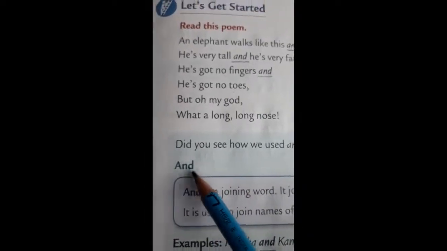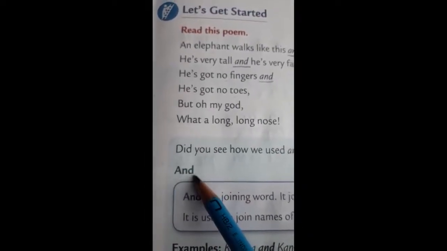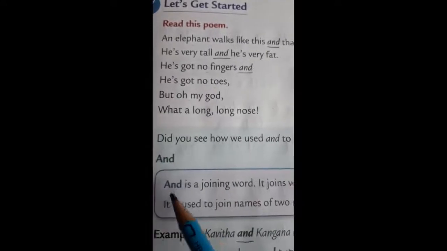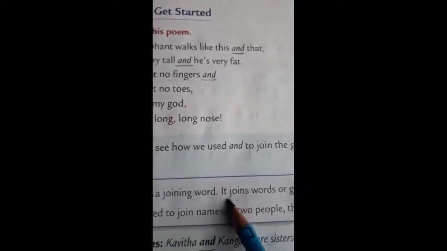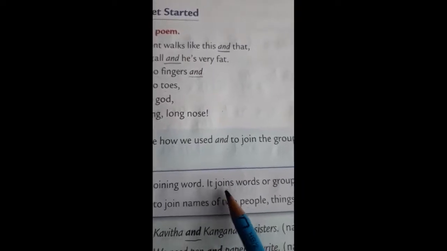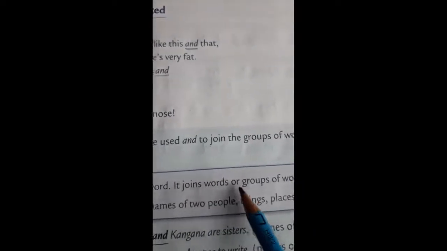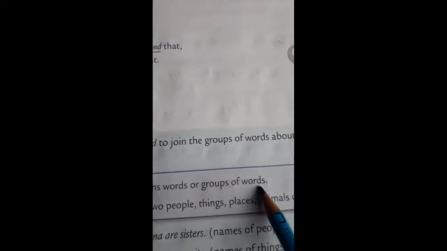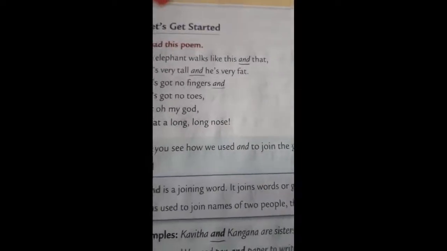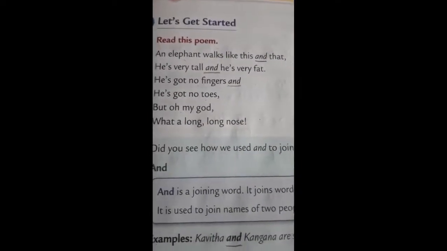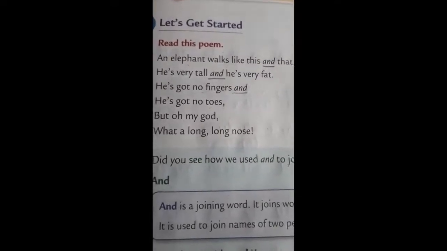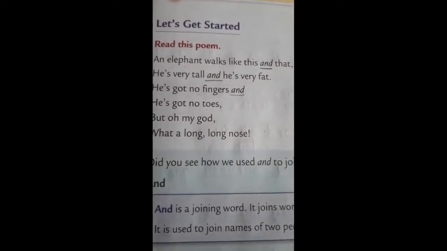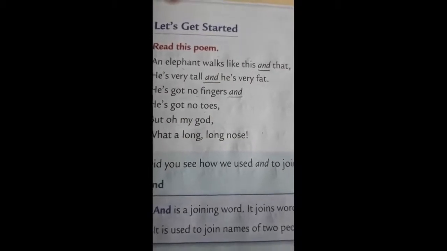So first we will learn the use of and. And is a joining word. Why? Because it joins words or groups of words. Like children, Meena, Radha and Riya.